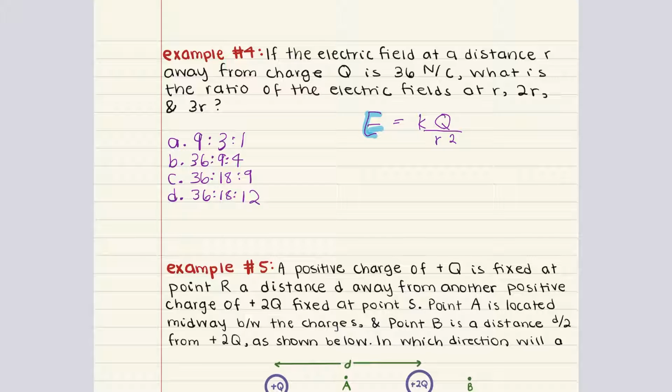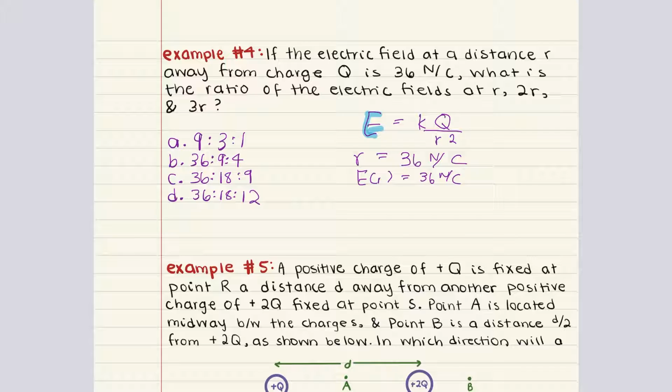Now, the electric field at distance r, let's worry about that first. The problem gives us the electric field at distance r from the charge. It tells us that it is equal to 36 newtons per coulomb. So, we're going to use this as our reference point. At r distance, the electric field is 36 newtons per coulomb.